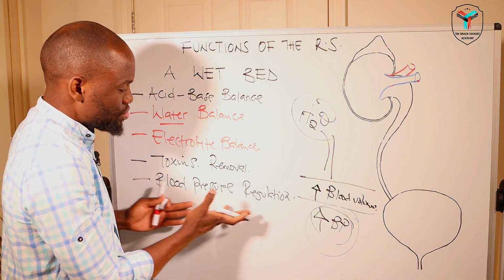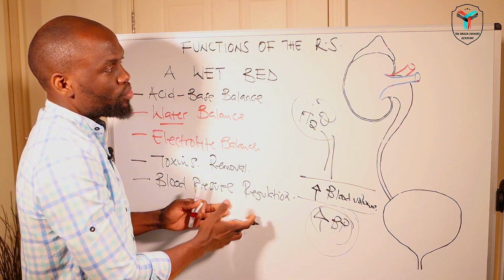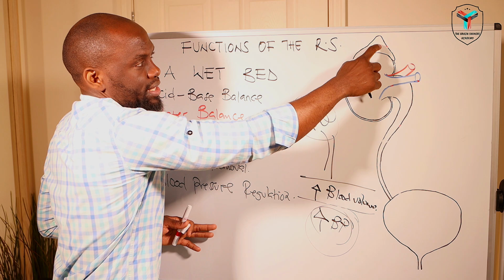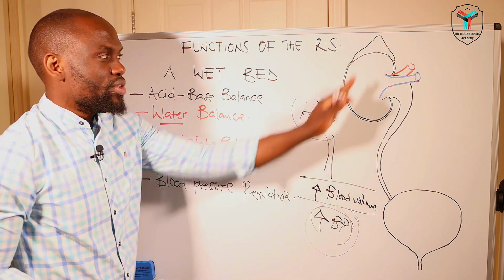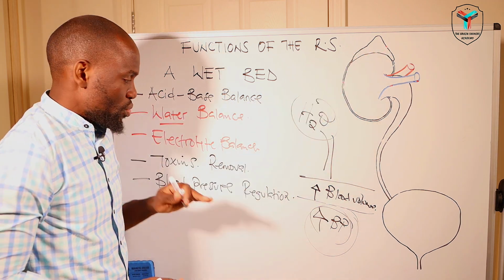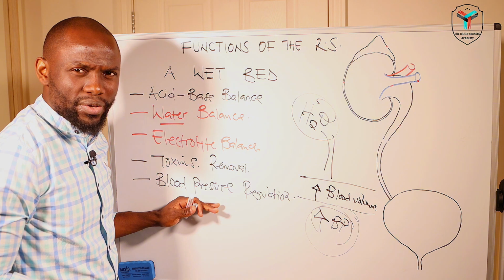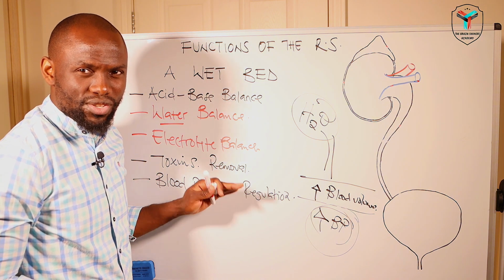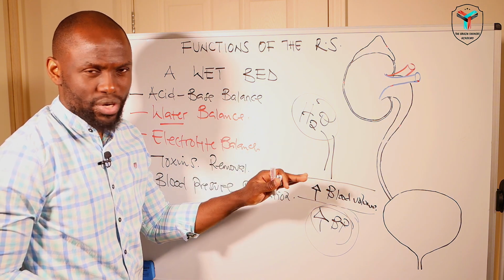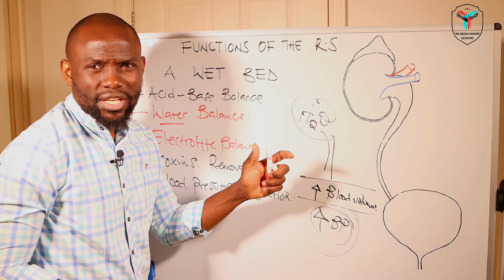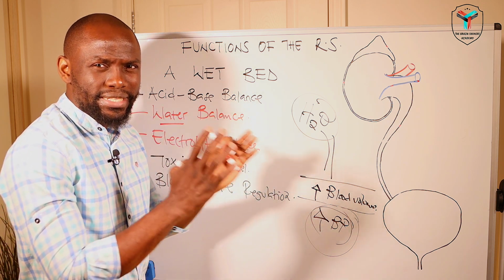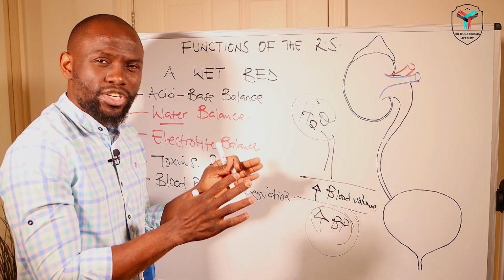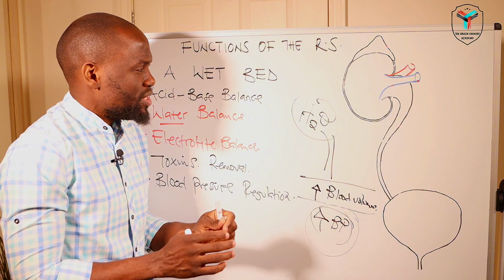So it works to regulate the blood pressure with other structures like the adrenal gland, where you have aldosterone as well. We look at blood pressure control when we look at the RAS system, which is the renin, angiotensin, aldosterone pathway, and I look at that in more detail so you completely understand how the blood pressure is regulated by the renal system.